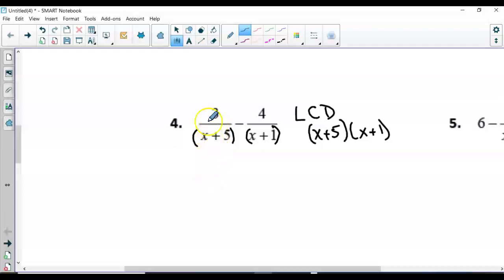So to make this x plus 5, I need to multiply. Now, we're going to kind of do a shortcut because we know what the LCD is. So we're not going to continuously write the LCD. We're just going to put LCD in the denominator. So we need to multiply 3 by x plus 1.